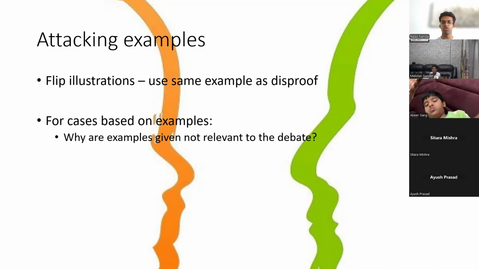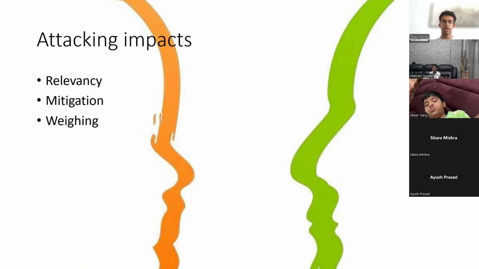It clearly wasn't the sugar tax. So that's one way in which you could flip an illustration or example. But honestly, this isn't the most important bit. Attacking the analysis and then now attacking the impacts, that's really what you should be focusing on. Examples are just a bit of an add-on.